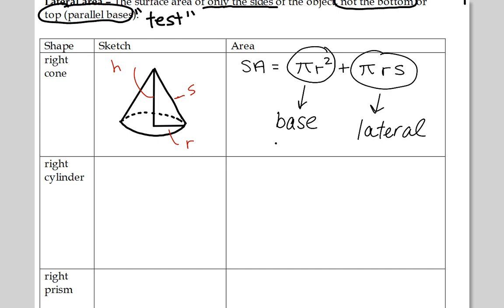Let's jump to the cylinder. The cylinder is also on this back page. You can find it to help you sketch. Typically it's done with an oval like that. Drop a couple parallel lines and then finish it off like this. So this is like a pop can or a can of soup.